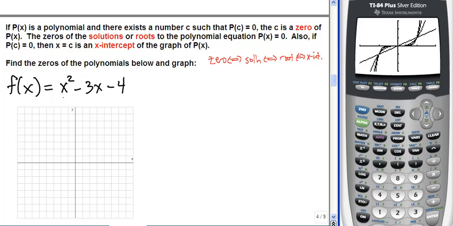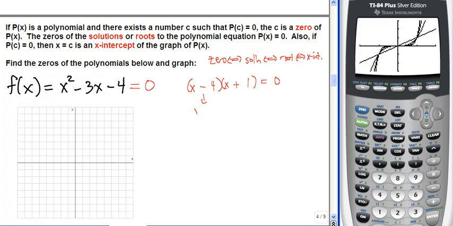So let's take a look at this function here and let's find its zeros. So technically what you're doing when you're finding a 0 is you're setting your polynomial equal to 0 and you're solving. And on this one we get a little bit lucky because it does factor. We could have an x and an x, a 4 and a 1. If I make the 4 minus and the 1 plus, then I'll get that -3 in the middle.